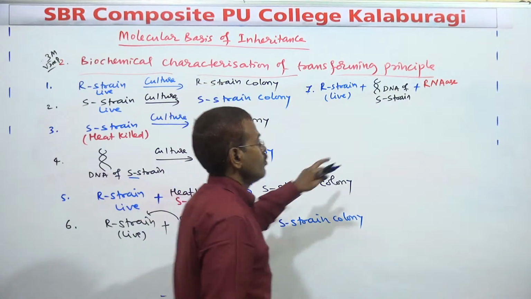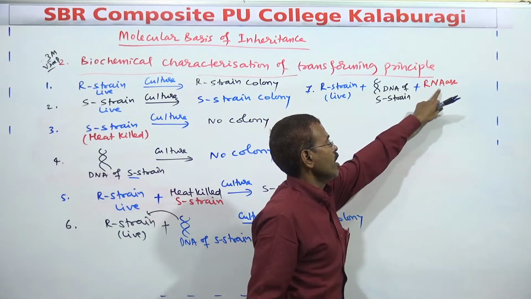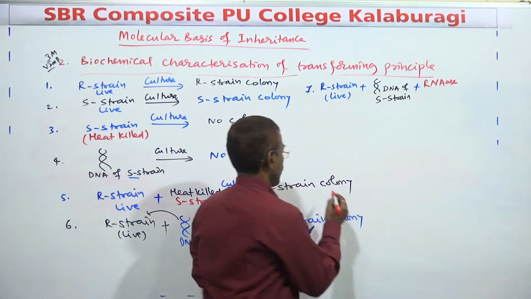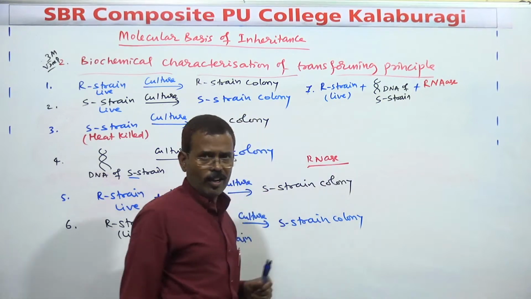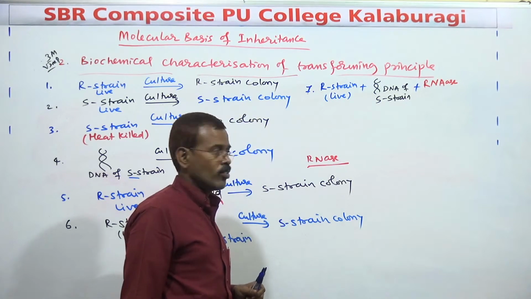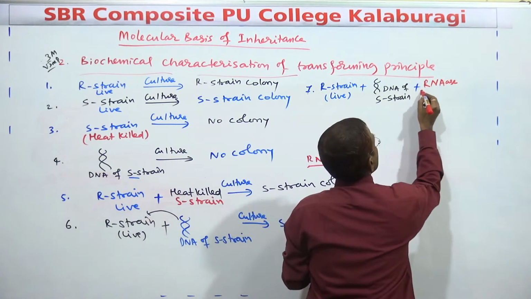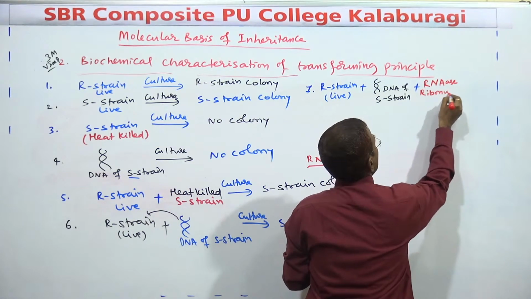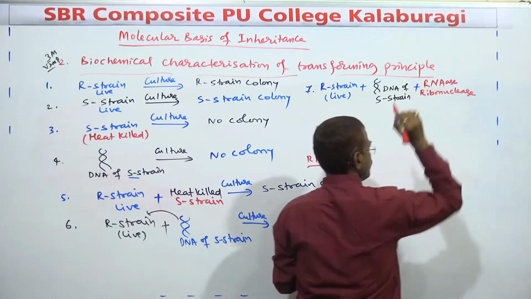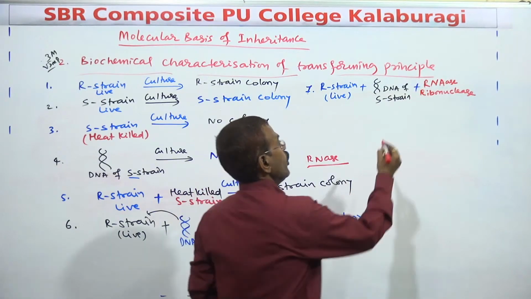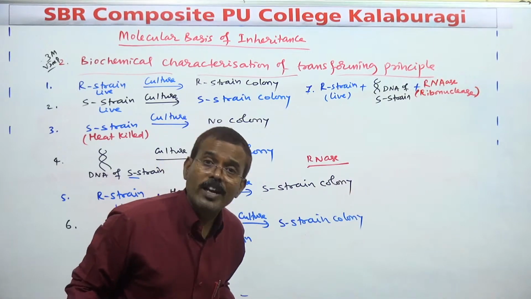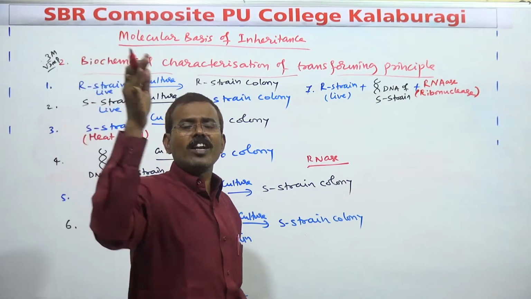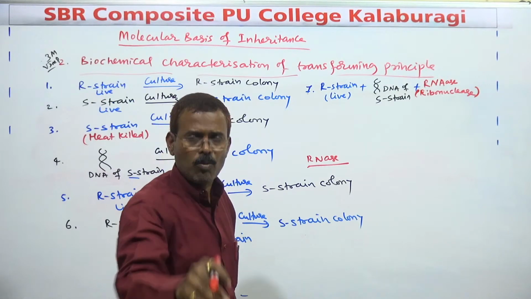Either you can write RNase or you can write it in this way also. Both are one and the same. This is ribonuclease enzyme. It is a type of nuclease enzyme which acts on the genetic material RNA, ribonucleic acid.